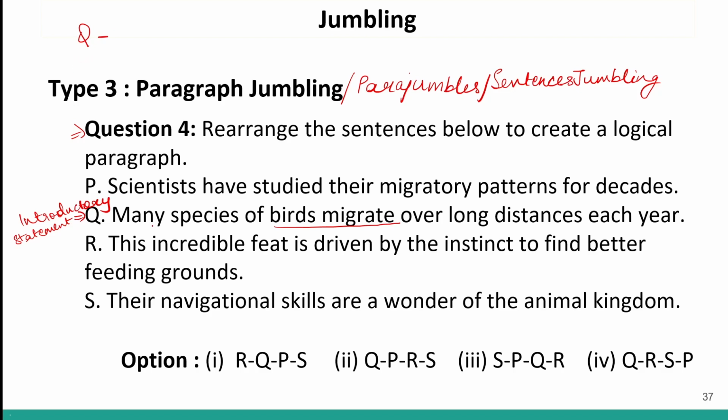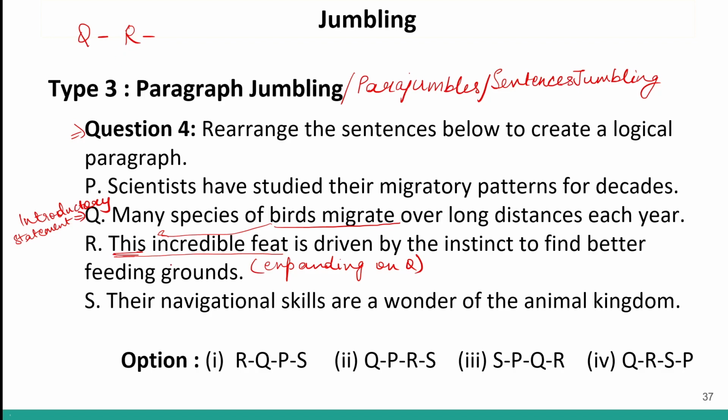Then, if we look at R, I am talking about many species of birds migrate over long distances. Now R says this incredible feat. Which incredible feat? Feat of migration. So R is expanding on Q. So I can say after Q we'll get R.